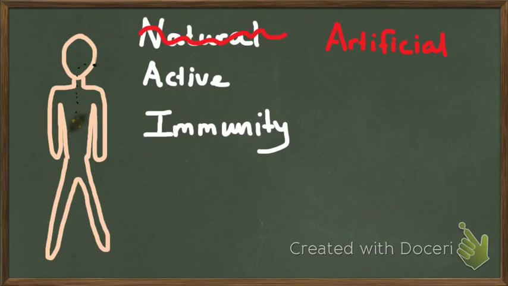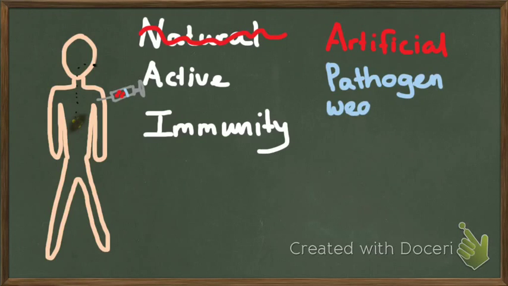But let's go to the opposite now, artificial active immunity. So rather than the pathogen coming to us in a natural way, it comes to us in an artificial way. This happens, for example, with a syringe. We get an injection. It's not for fun. You don't inject yourself for fun with a pathogen.